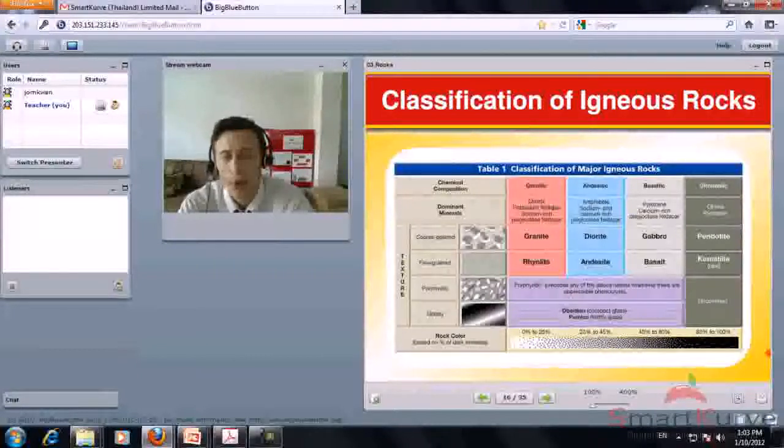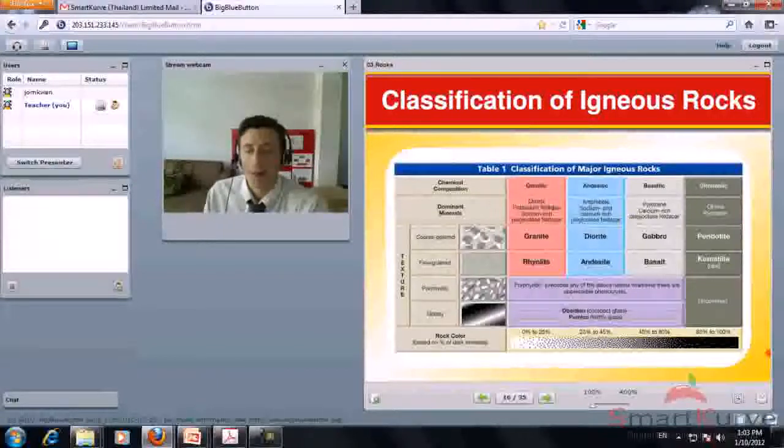I think the important thing to take from this, in terms of chemical composition, notice our granitic rocks, those rocks in the pink column. They have a lot of quartz, potassium feldspar, and they're very sodium rich. So a lot of potassium and a lot of sodium. As we move across to andesitic, we've got rocks that have sodium and calcium.